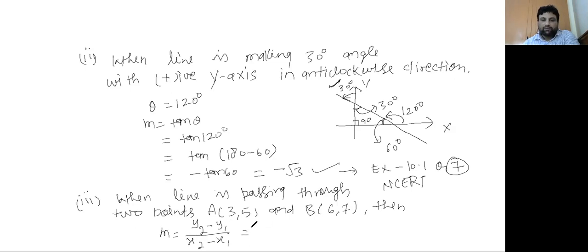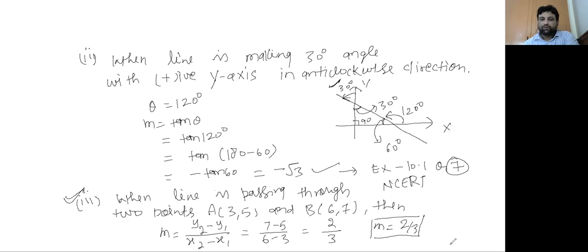So y2 minus y1 becomes 7 minus 5 divided by 6 minus 3. 7 minus 5 is 2 and 6 minus 3 is 3. It means the slope will become 2 by 3. So m is 2 by 3. That is the answer. This question is clear, I think, to everyone.